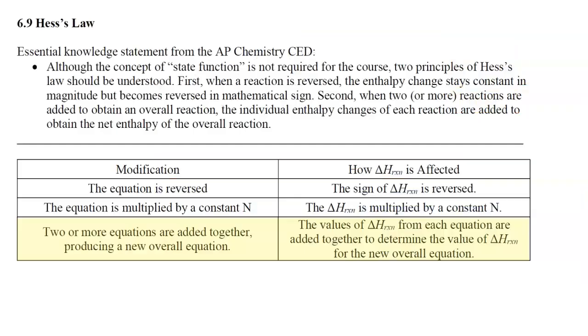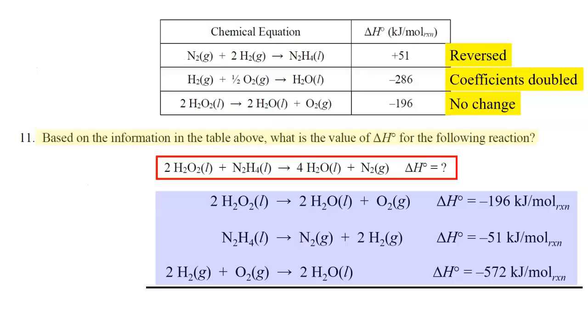And according to what Hess's law says, if 2 or more equations are added together to produce a new overall equation, the values of delta H from each equation are also added together to determine the value of delta H for the overall equation, the new equation. Let me go ahead and see if I can cross off any chemicals that appear on opposite sides for these equations.